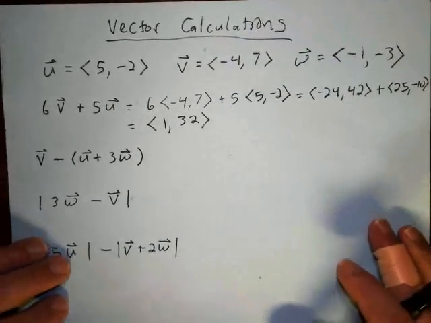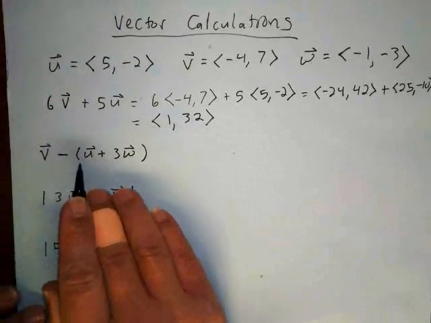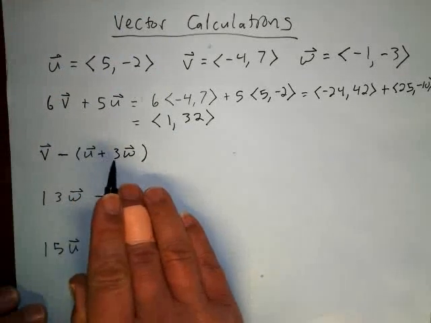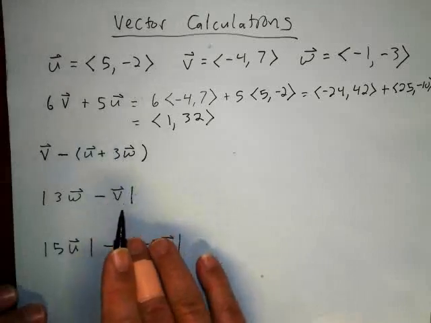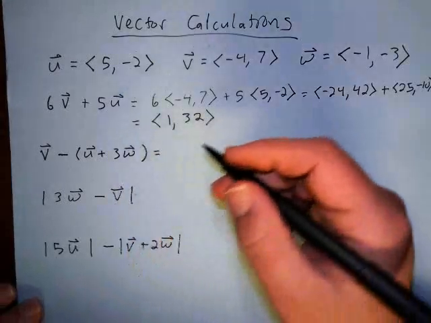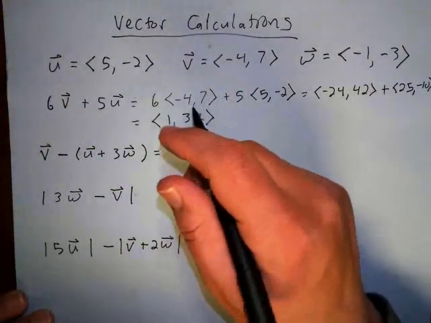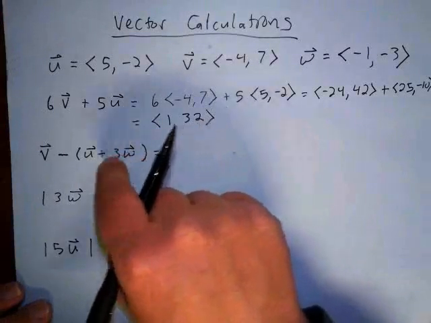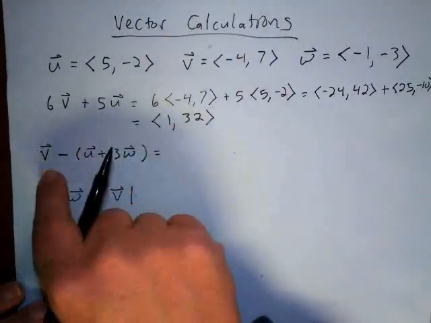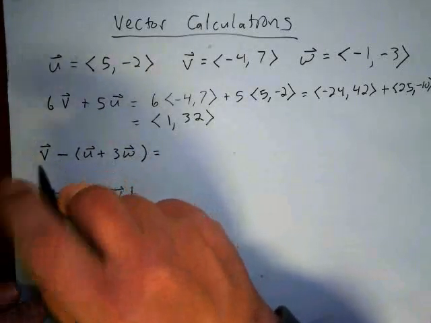So let's try this next one. This is v minus u plus 3w. What I'm going to do is go ahead and do what's in parentheses first. You want to be careful because this is subtraction.